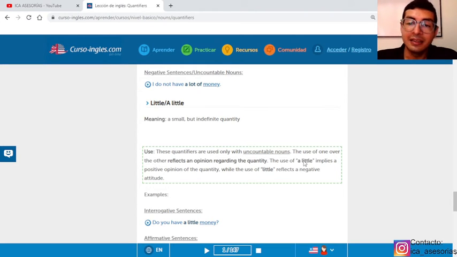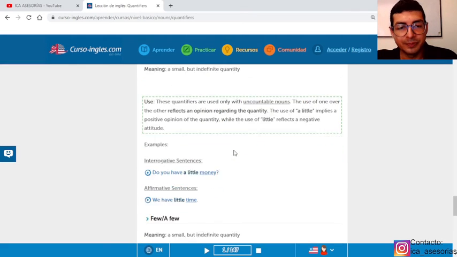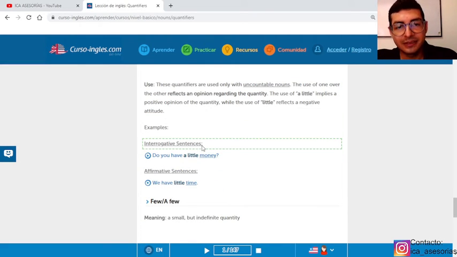The use of a little implies a positive opinion of the quantity, while the use of little reflects a negative attitude. Example. Interrogative sentences. Do you have a little money? Affirmative sentences. We have little time.